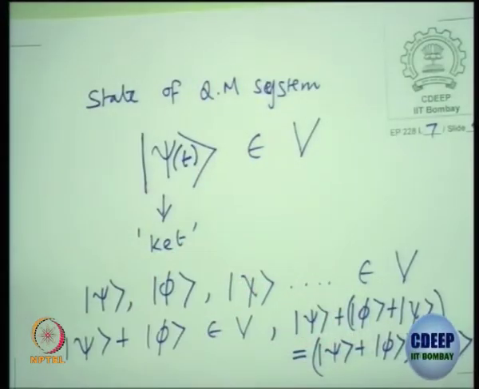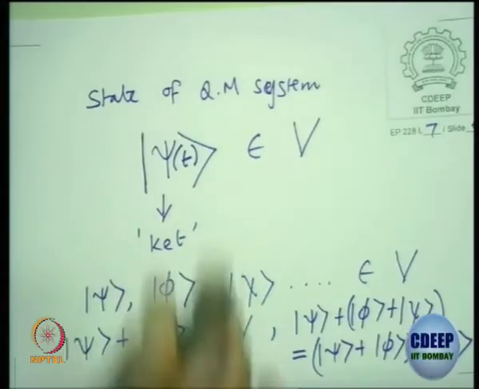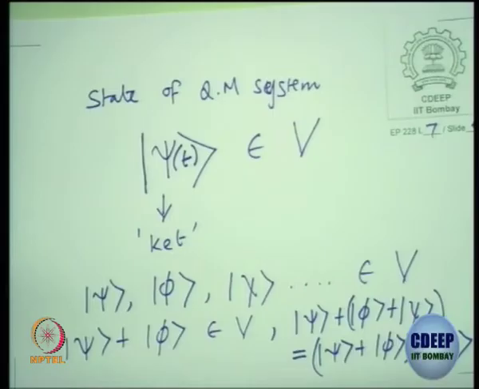Right now, let's take that the state of a system is encoded in this angular bracket state, which is called a ket vector, which can evolve in time. There is a prescription equation, which is the Schrodinger equation actually, but how it is written in this Dirac notation we need to see, and we need to satisfy all these properties.